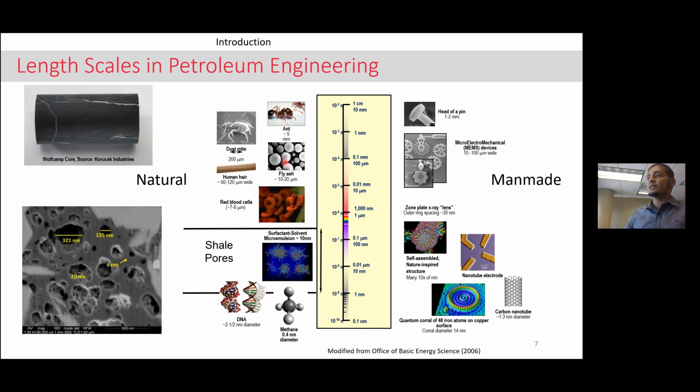You have the human hair, which is about 50 or 100 microns wide. And coming all the way down, you have a DNA molecule, the DNA structure, which is about 2.5 nanometers wide. And then you have a methane molecule, slightly less than half a nanometer.